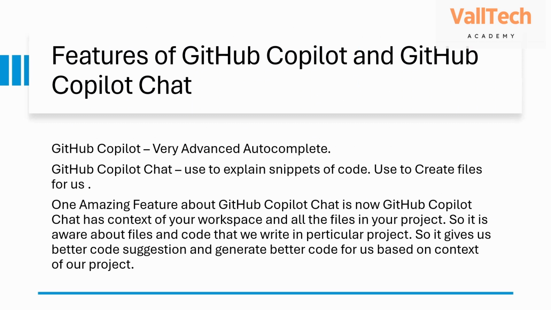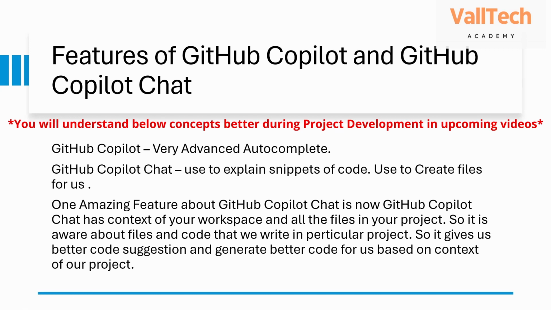To understand more, here are some very important features of GitHub Copilot and GitHub Copilot chat. First is GitHub Copilot. It is a very advanced autocomplete, and GitHub Copilot chat is used to explain snippets of code and to create files for us.